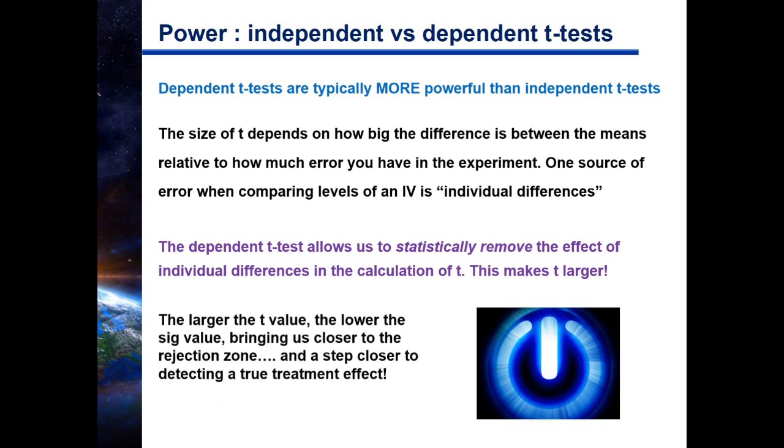Now, why do we care about this? Why do we care that the t value becomes smaller with more noise, or larger with less noise? The reason is that bigger t values bring us closer to the rejection zone.